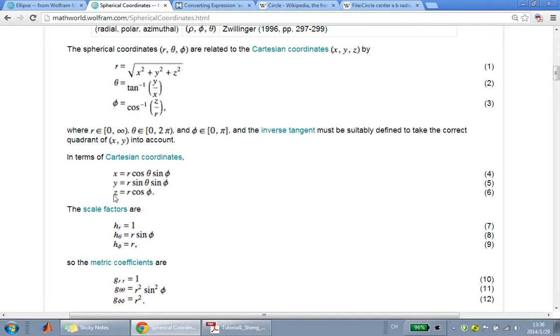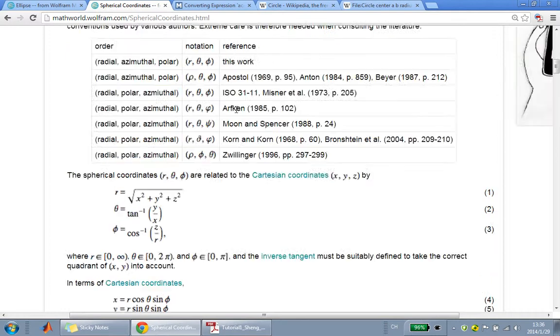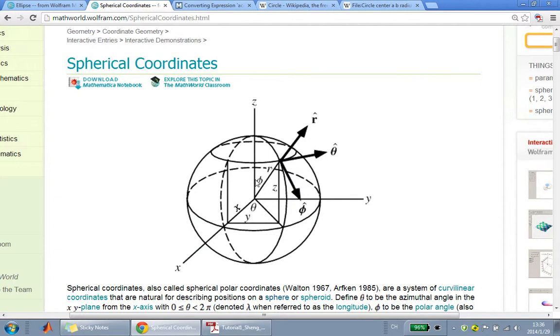Okay. So first the height: height is r cosine phi. We get the z coordinate. Next, we get a circle whose radius is r sine phi.